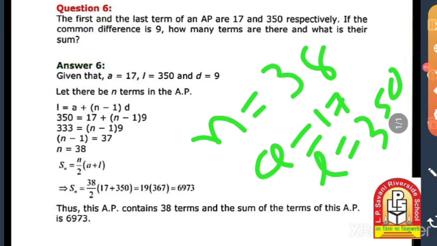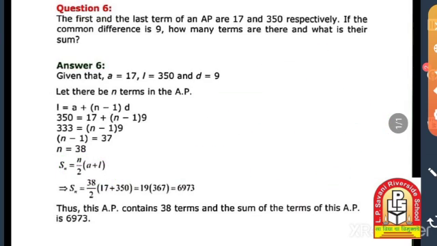By using this formula, Sn is equal to n by 2 in the bracket a plus L, you get Sn is equal to 38 by 2, that is 19, into 17 plus 350, that is 367, and then 6973.